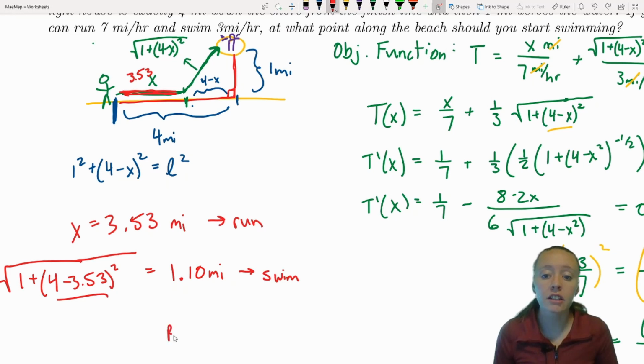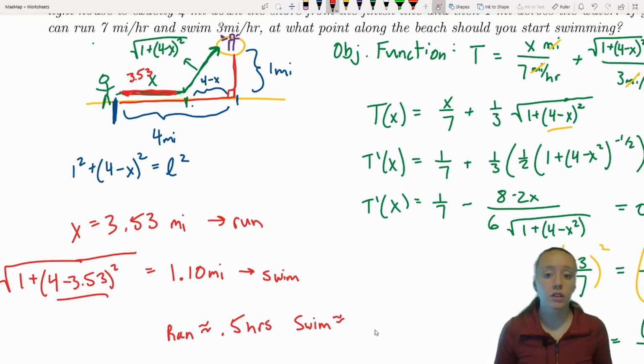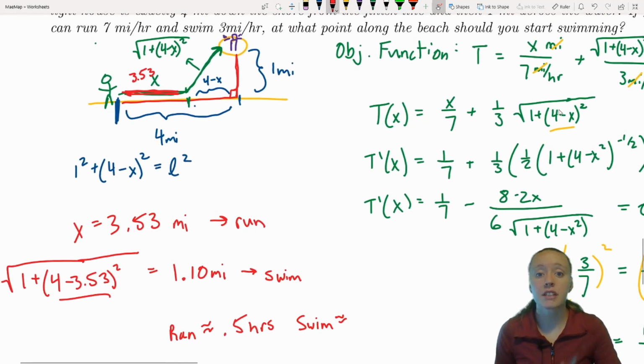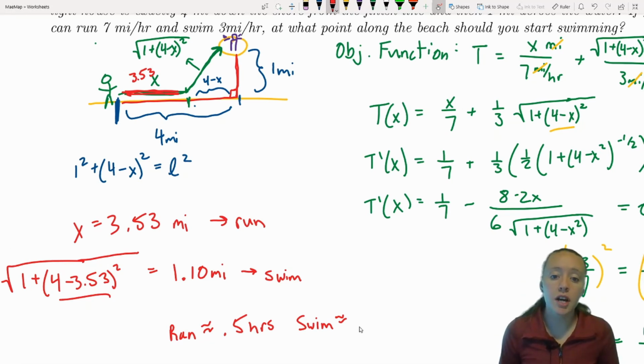So I ran about 0.5 hours, and then I would swim about, well, taking that distance 1.10 and dividing it by 3, because that's how long it takes me to swim, 3 miles per hour. I'll get that I swam about 0.36 hours or 0.37 hours.